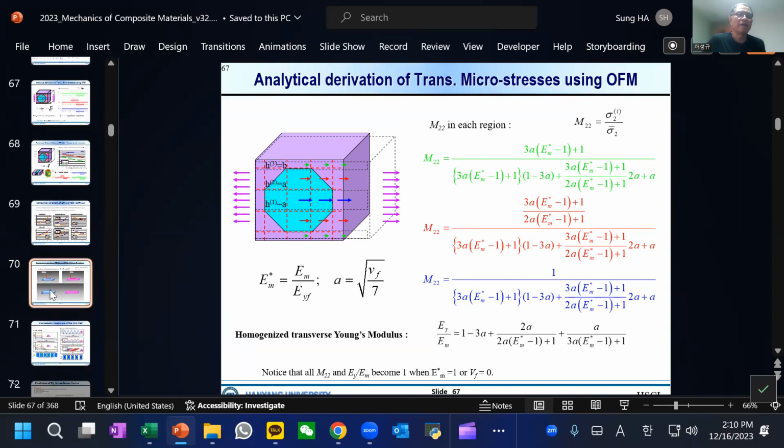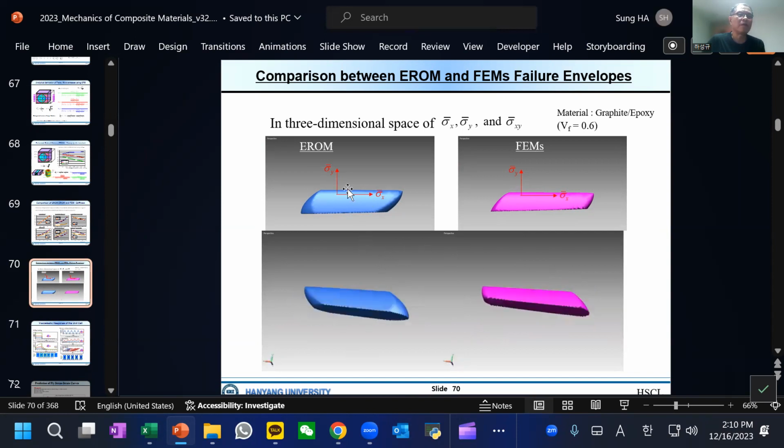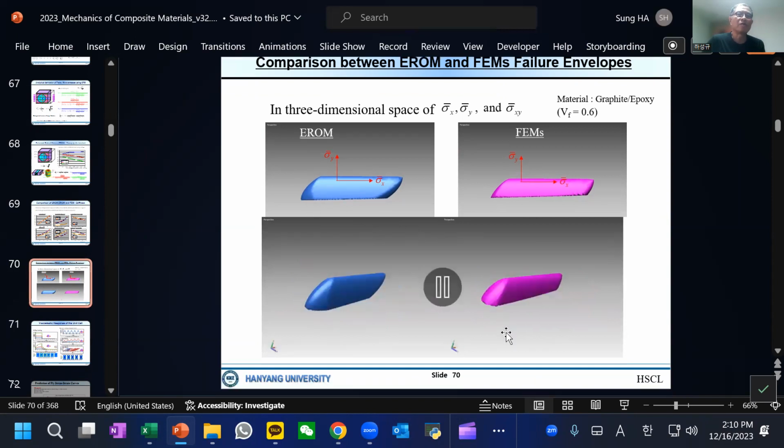Anyhow, using this one, this is the Tsai-Wu or whatever failure criterion. So this is the X and Y, and this is a failure criterion. And then we can consider another axis, which is shear stress. So this is also obtained.